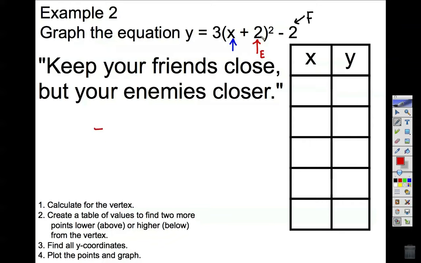If this is positive 2, you're going to do negative 2. And if your friend tells you to do negative 2 things, you are still going to do those negative 2 things. So this here is the coordinates of your vertex.